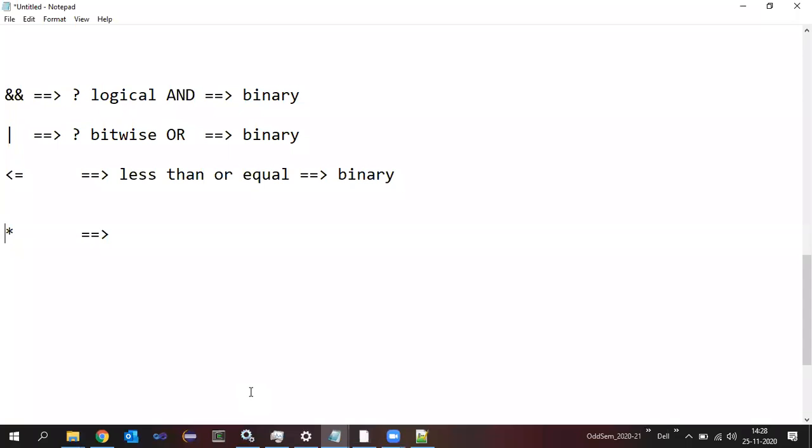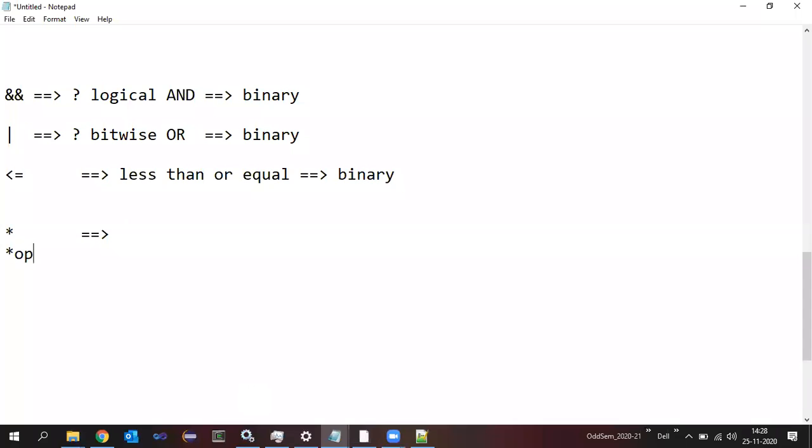When I asked you about this one, what type of operator is that? You know that its behavior, that is its operation, can change depending upon the number of operands. So you should ask me, sir, how many operands are you working upon?